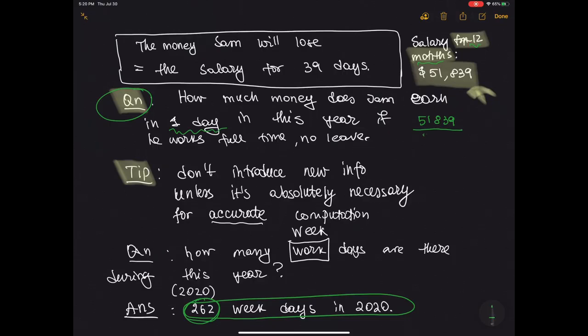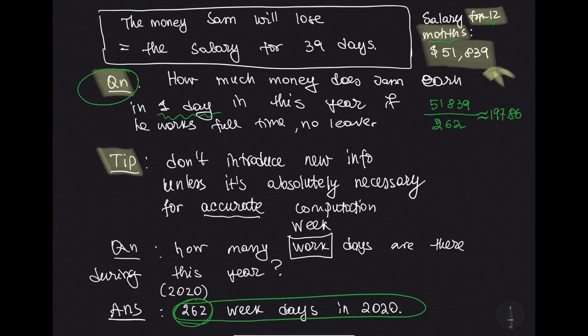So in one day, he is going to earn 51,839 over 262, which is approximately 197.86. So this is how much money Sam makes in one day during 2020.